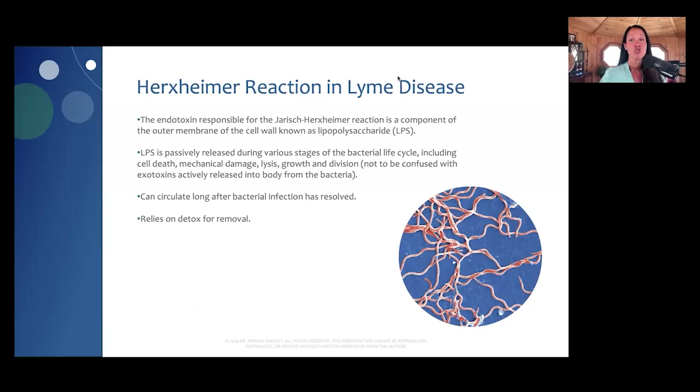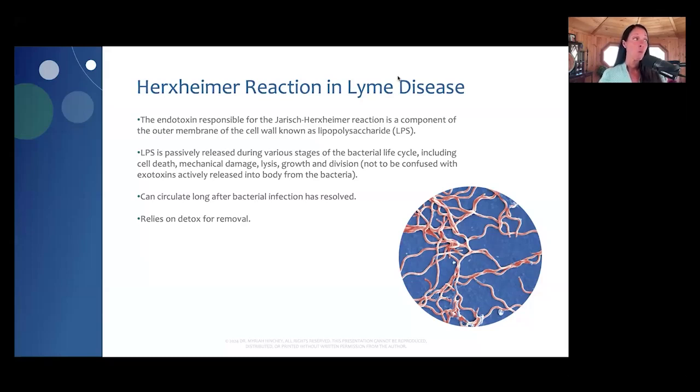Basically, it's just a component of the outer membrane of these bacteria that get broken down when they are killed by antibiotics. So, it's normal for low levels of LPS to be present. What happens is when the levels accumulate and become toxic and the body is not detoxing them, we have this increase in inflammation. And it's important to note that these LPS can circulate long after the active infection has been resolved.